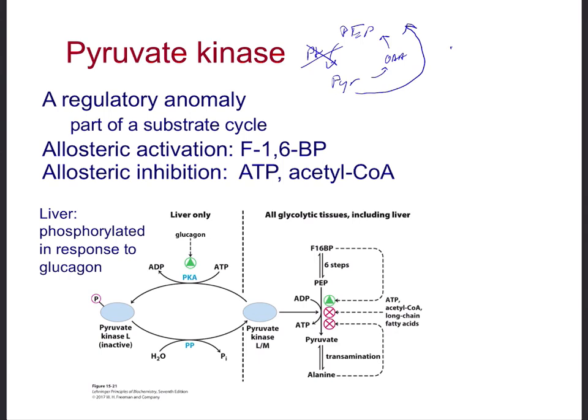And what we have is this dam here, this is PFK1, and then we have this lake sitting below it, and then we have another dam at pyruvate kinase.